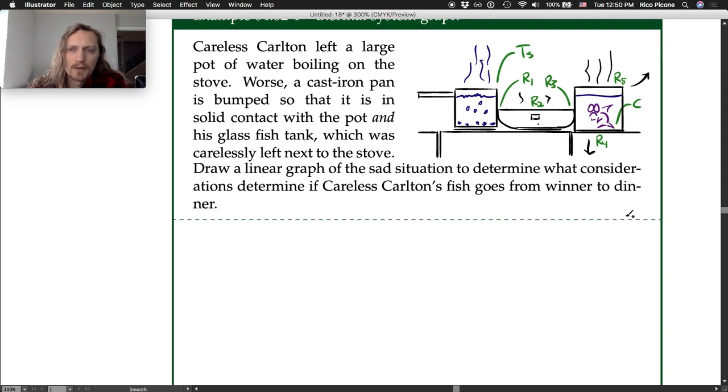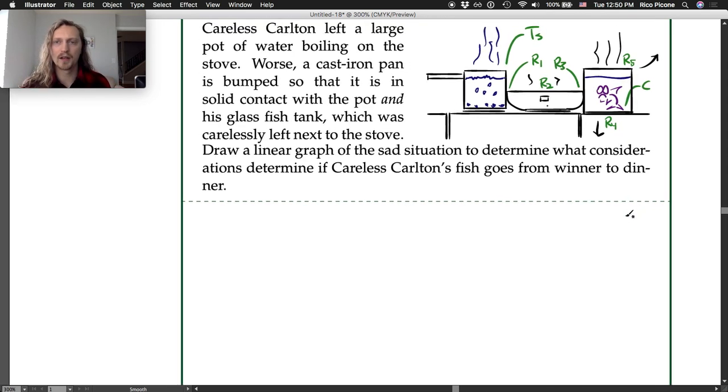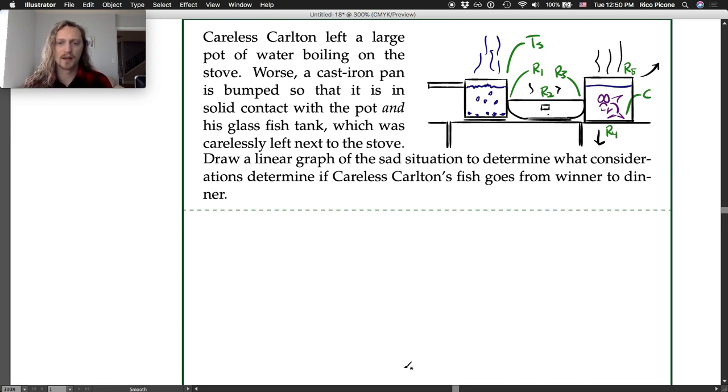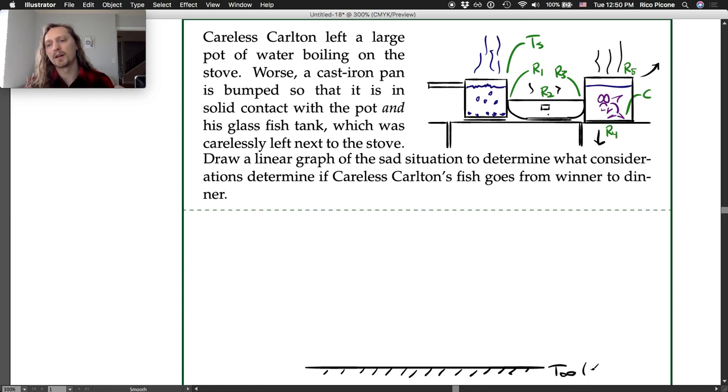So let's draw a linear graph and see if that helps us decide. So, we'll just call it T infinity, room temp. And then we have a node associated with the temperature source.